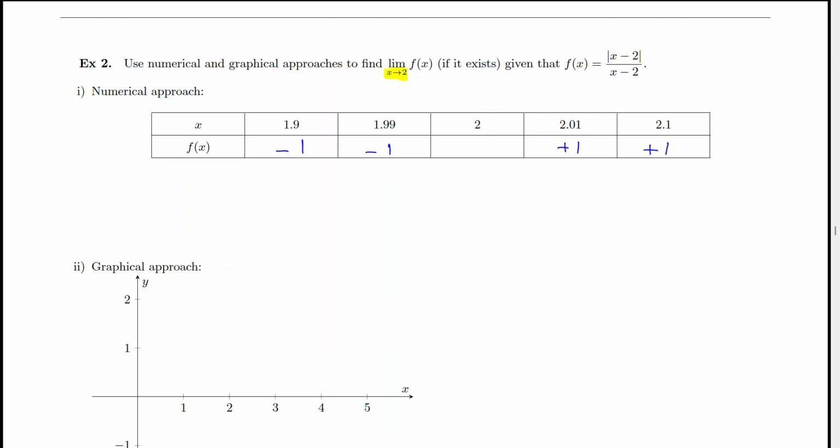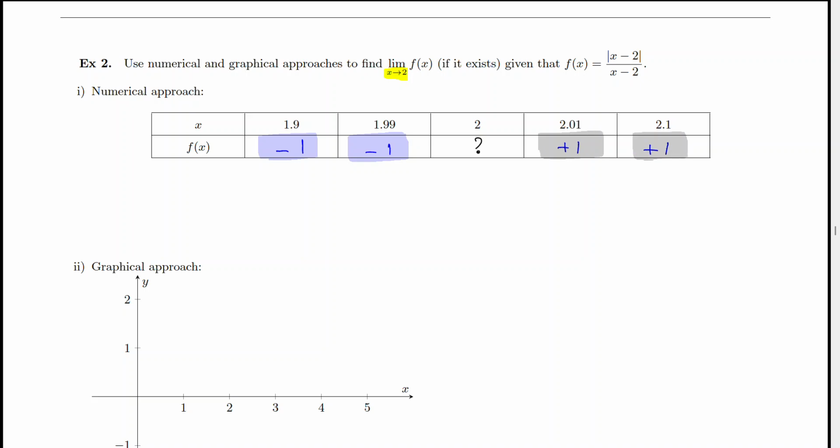So knowing all this information, can we decide what the limit as x approaches 2 will be? And unfortunately, there is no pattern. If you come from one side, the numbers are pointing to -1, but if you come from the opposite direction, the numbers are giving us a completely different number.